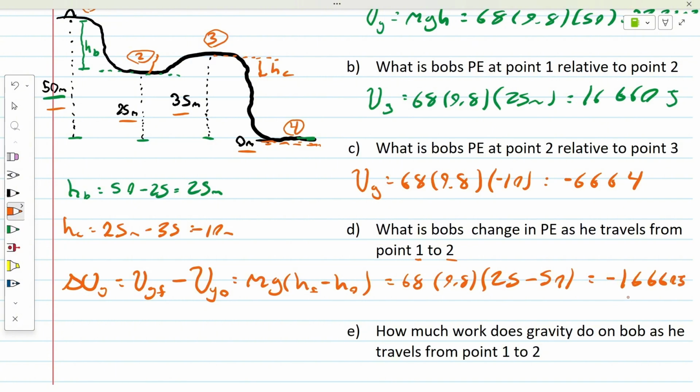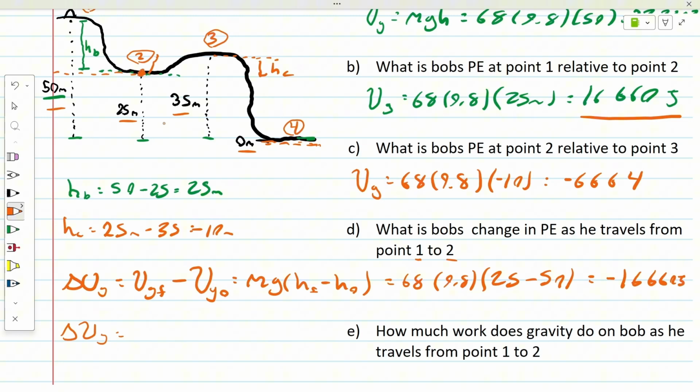So even if we were to choose, for example, point 2 as the reference, we want to use this height again. We already know Bob's potential energy at point 1 relative to point 2, which is this energy right here. And so now, if we want to do the change in potential energy using point 2, we know the final is going to be 0 because we set the reference at point 2.